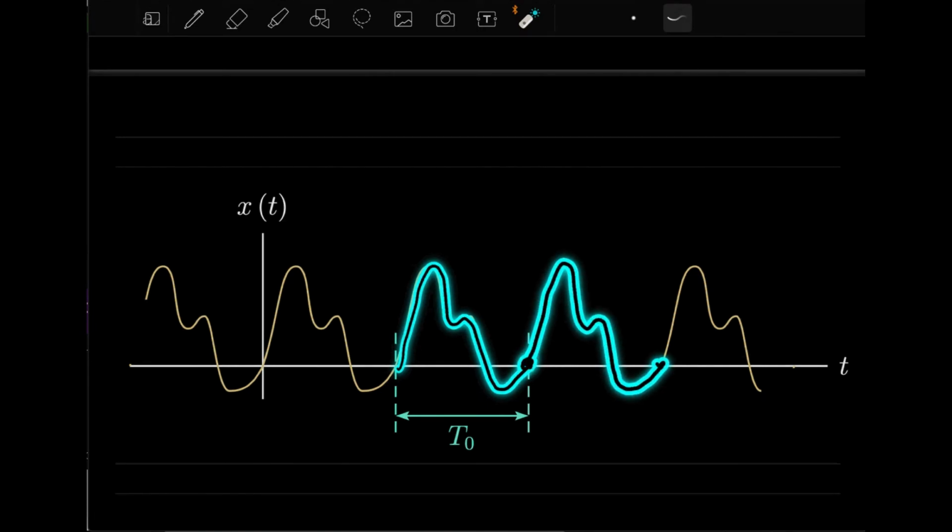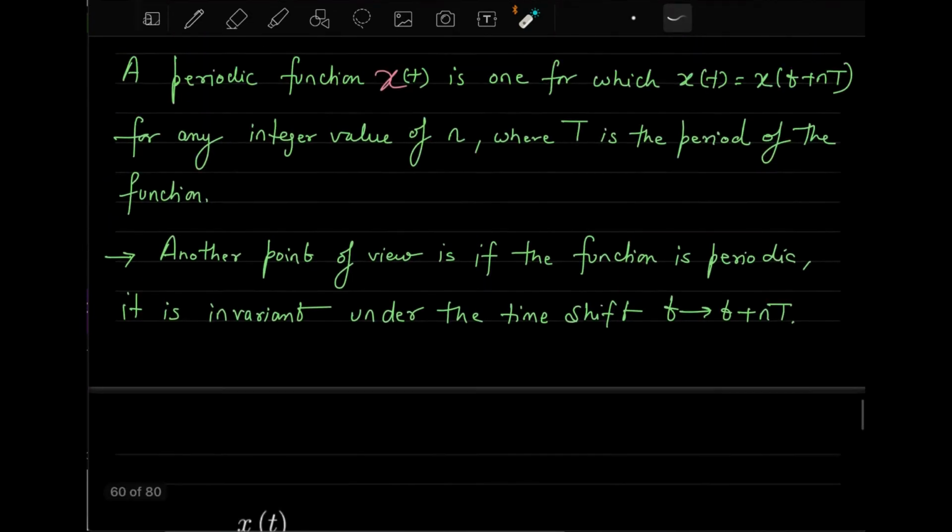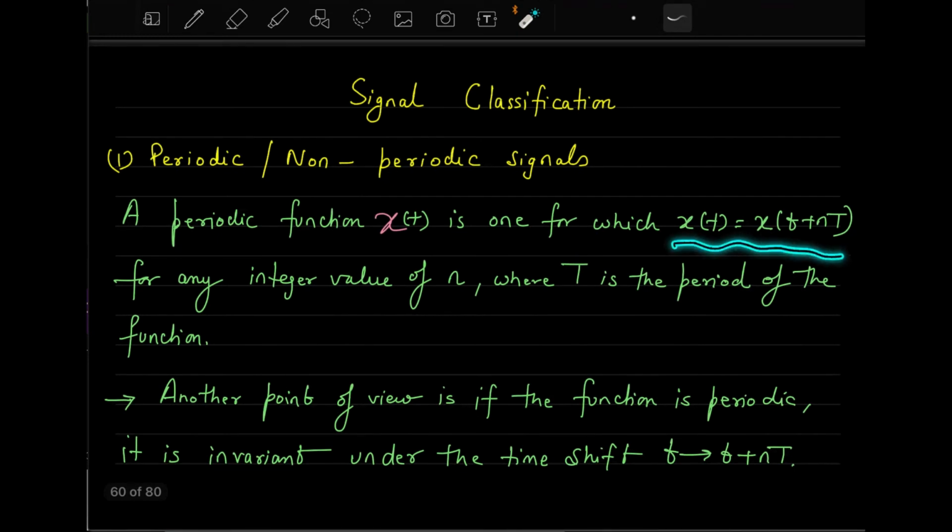Now what the definition says is, if you shift it by one time step, the signal you get should be exactly equal to the signal in your earlier time step. So this signal will be the same as this signal if you shift it by one, two or three time steps. If that is the situation, then your signal is periodic.